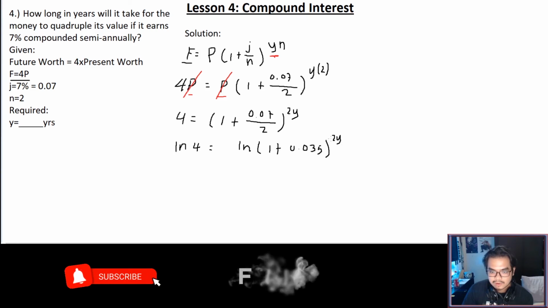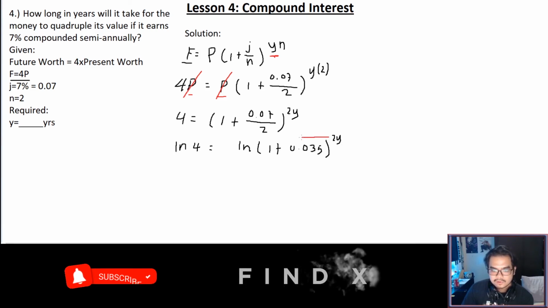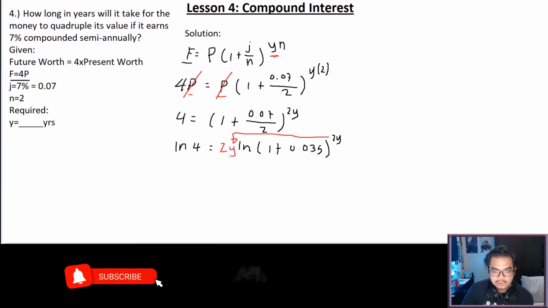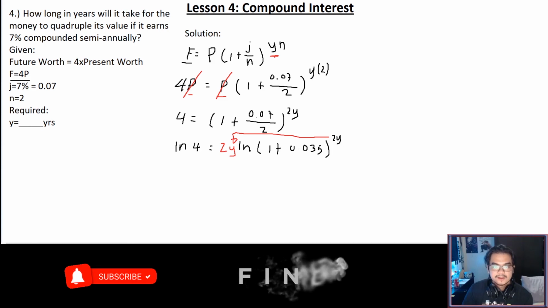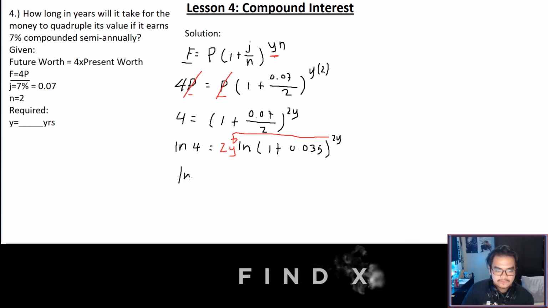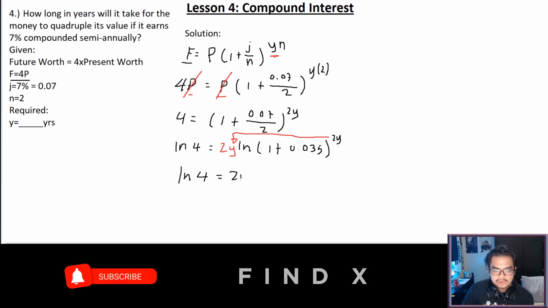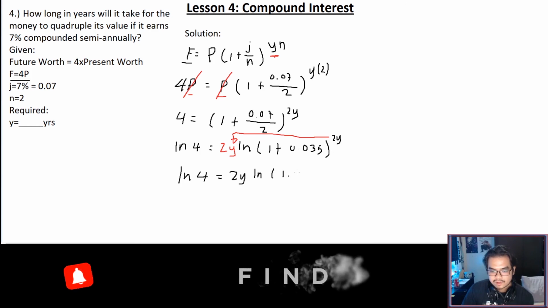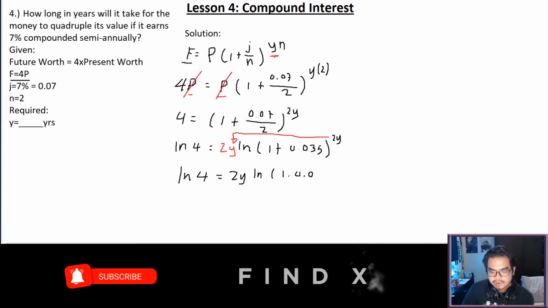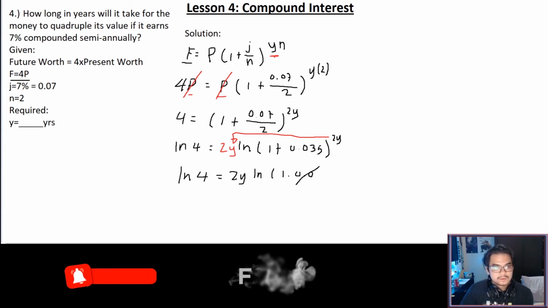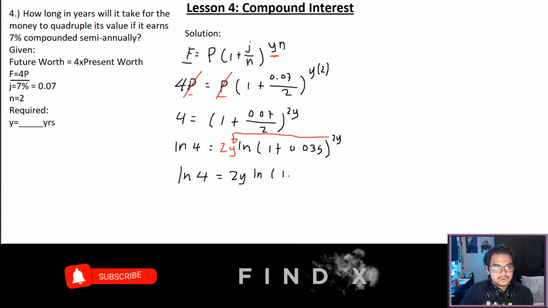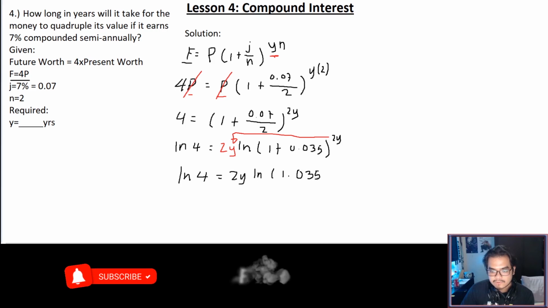Using the natural logarithm properties, this 2y can go down here. Therefore, ln 4 will be equal to 2y times ln of 1 plus 0.035, sorry, this will be 1.035.